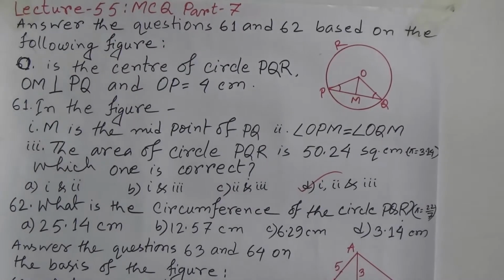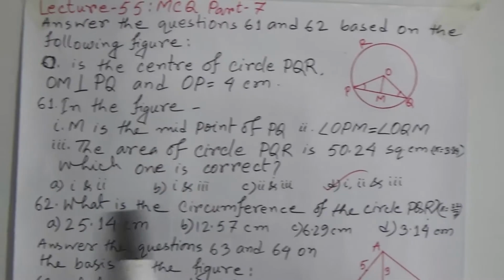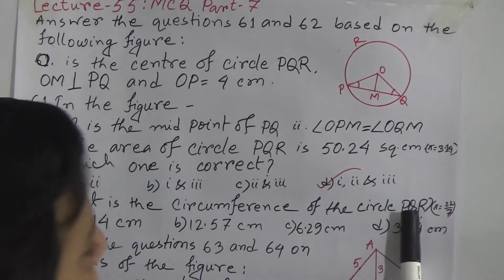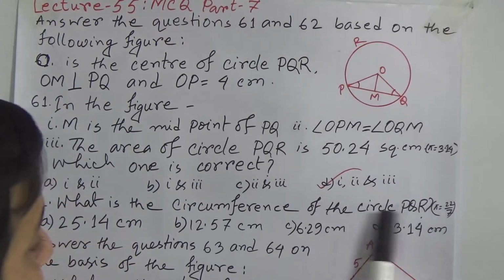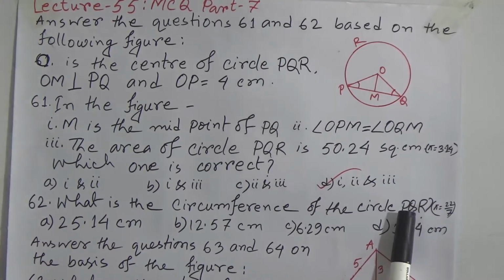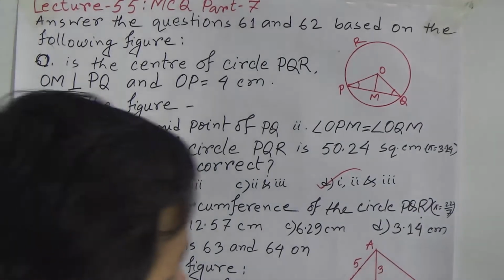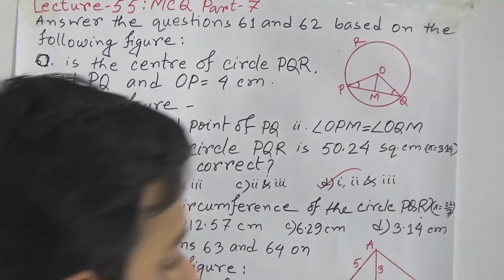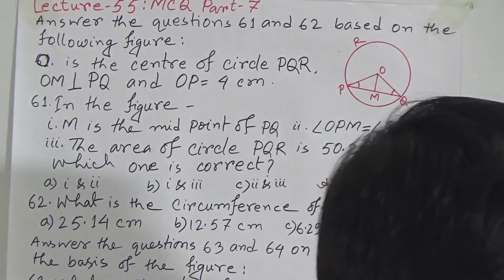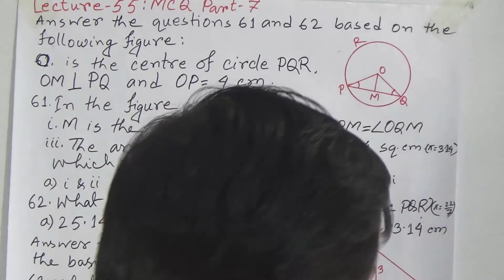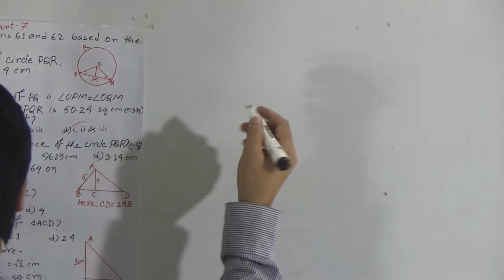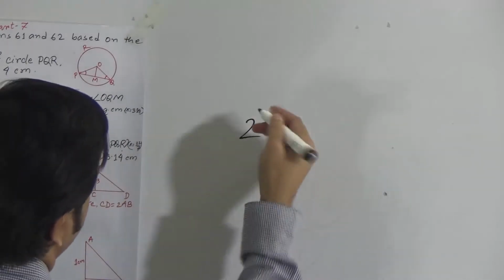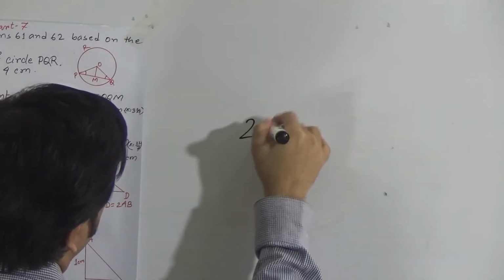Now we have to answer question 62. What is the circumference of the circle PQR? Dear students, you know the formula for determining the circumference, that is 2 pi r. Here the value of pi is given as 22/7.